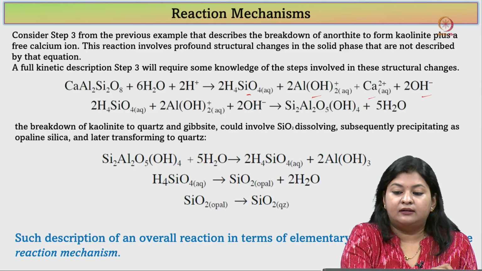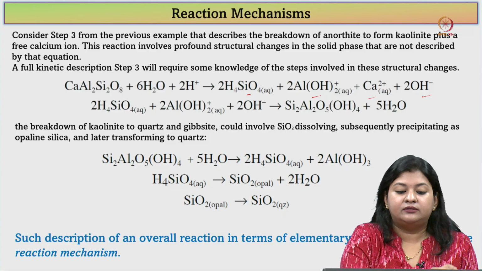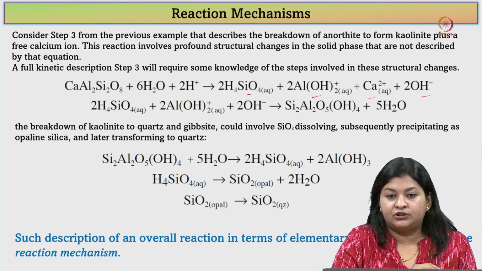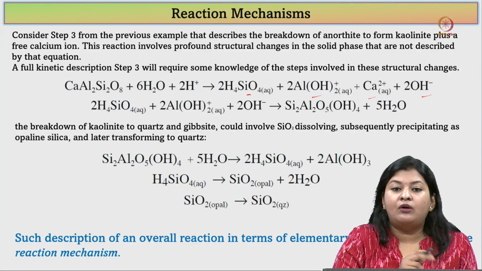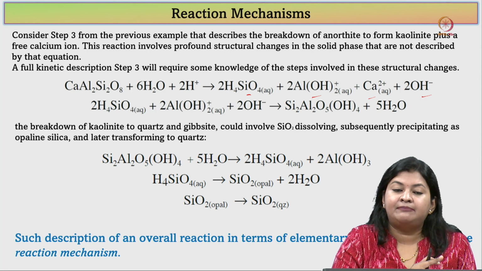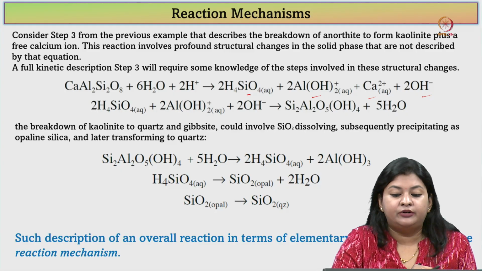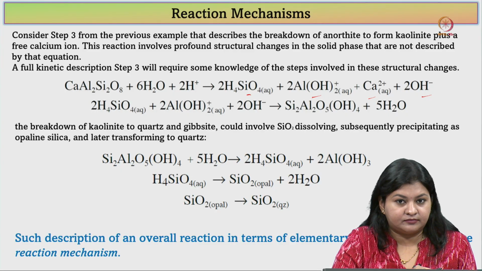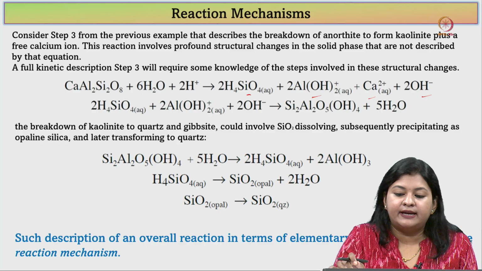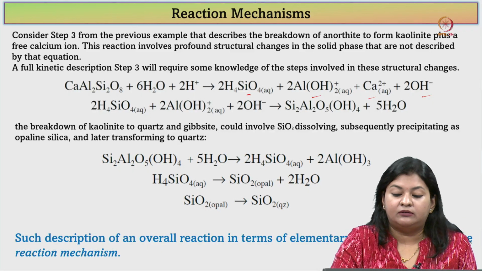Now, this dissolved silica will again react with AlOH and that will form my kaolinite. So, step 3 can again be divided into two reactions, and the second reaction can again be broken down.